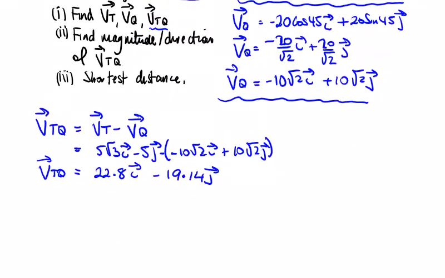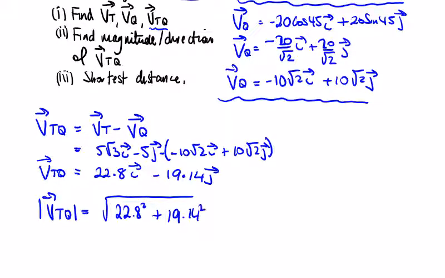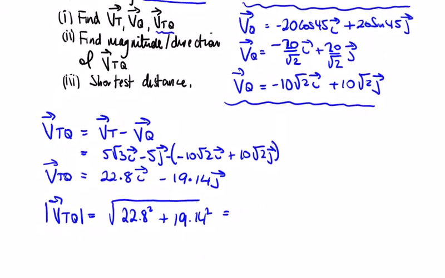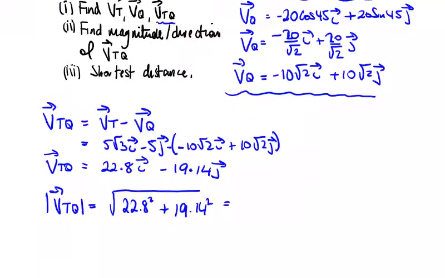Part 2, the magnitude and direction of this. The magnitude of T relative to Q is the square root of 22.8 squared plus 19.14 squared, in kilometers an hour. That gives me 29.77 kilometers an hour.